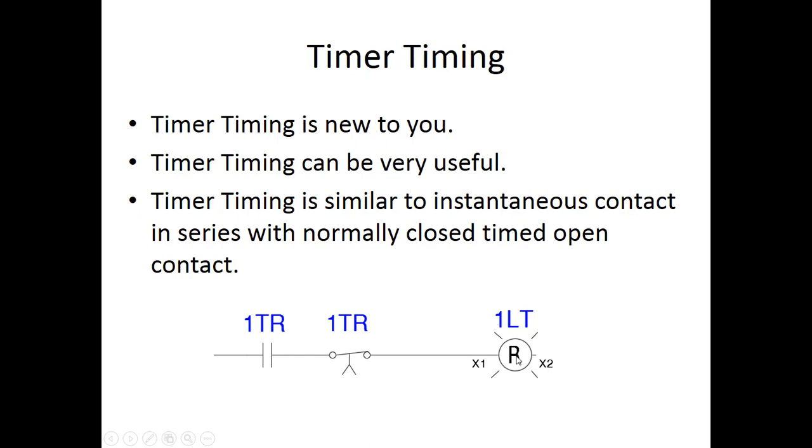True, true, true, light's on. The timer times, let's say 5 seconds, and then this opens. So this is still true because it's instantaneous. This is false, and the light goes off. So the timer timing bit can be very useful. It's on while the timer is timing, and that's different from a pneumatic relay.